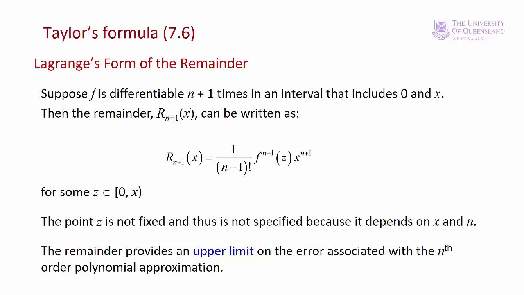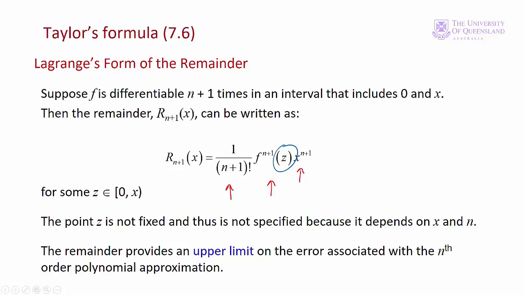The remainder looks very much like the (n plus 1)th term in the polynomial. We have x to the n plus 1, we have 1 over (n plus 1) factorial, and we're taking the (n plus 1)th derivative of the function. However, we have this value there as z.